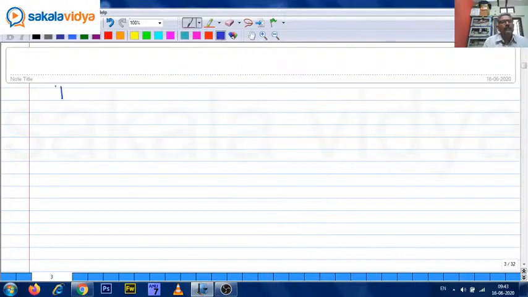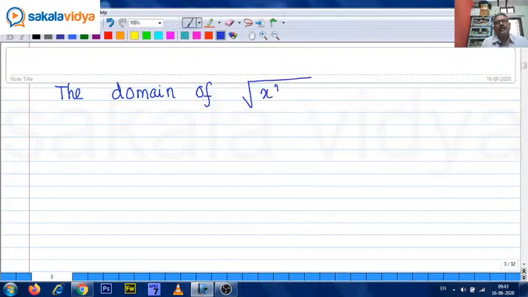The domain of root of x square minus a square, a greater than 0. So let's have a discussion on this model. So now what we need to do here, see.